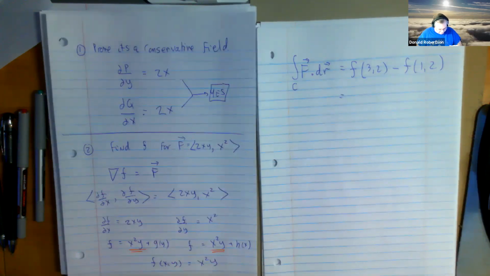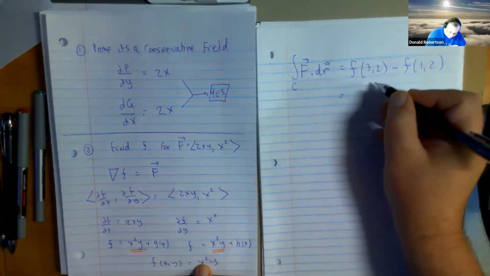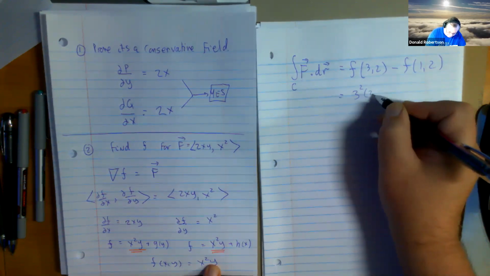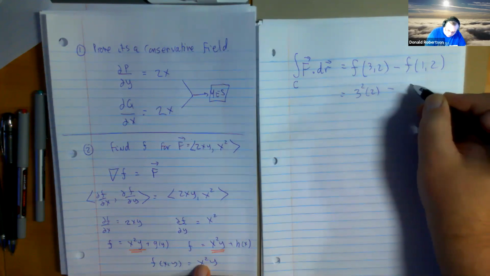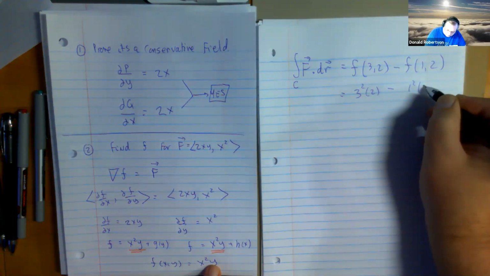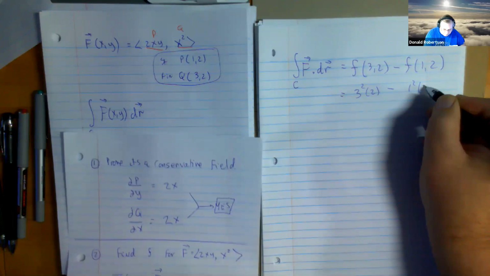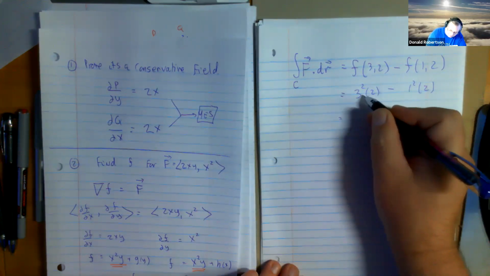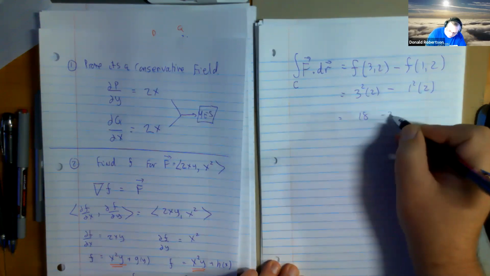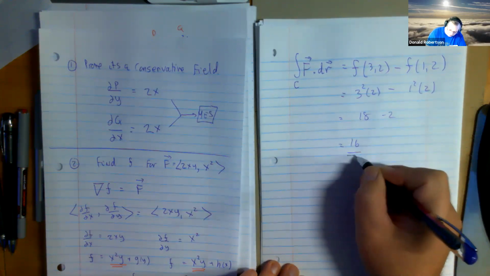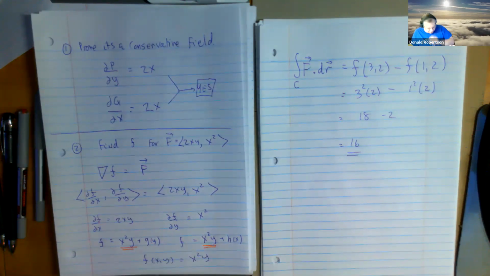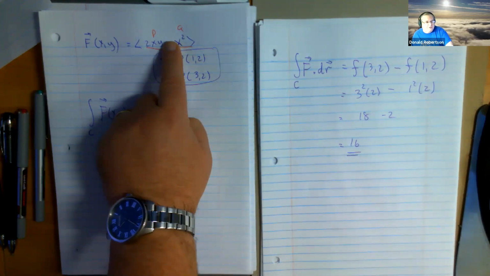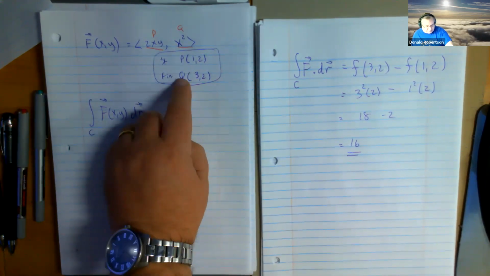And since f is this function, what do we get? 3 squared times 2, take away 1 squared times 2. And this is 18, take away 2. And we have just calculated the line integral of this function, starting at P and finishing at Q.